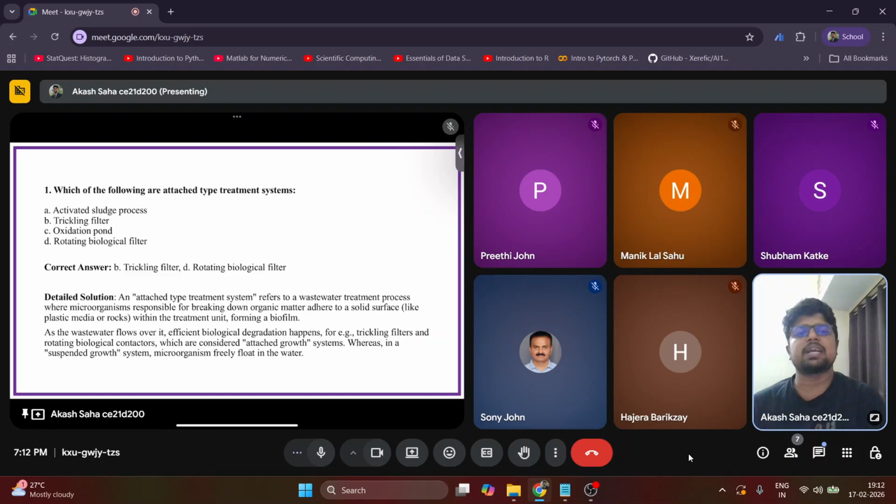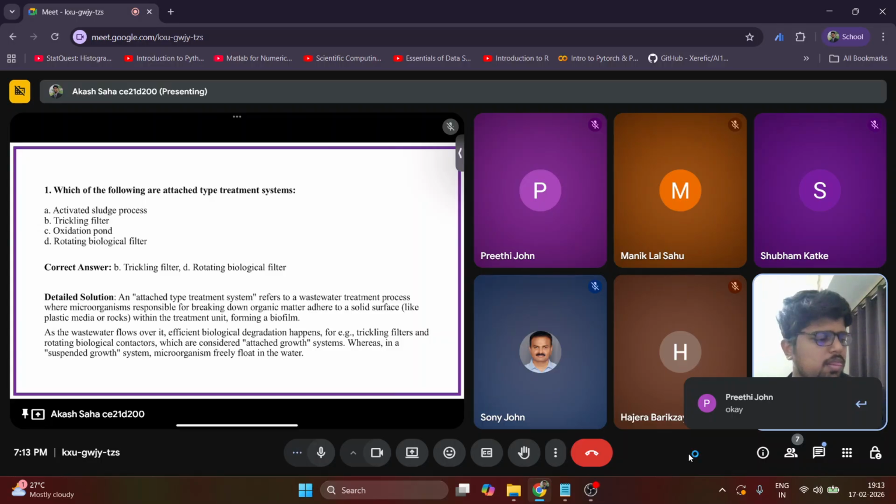Instead of treating all the wastewater in a centralized system, we make a decentralized treatment system for a small community or for a small society, and then do the treatment. So it can have a combination of anything. It can be attached, it can be suspended. Yeah, so that is all about attached and suspended growth.